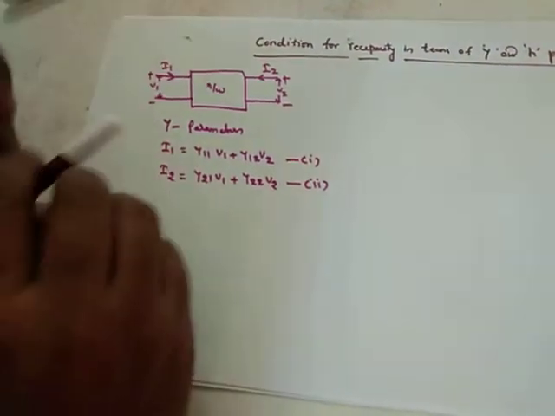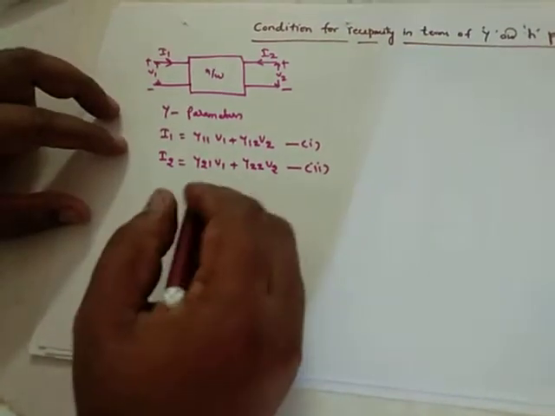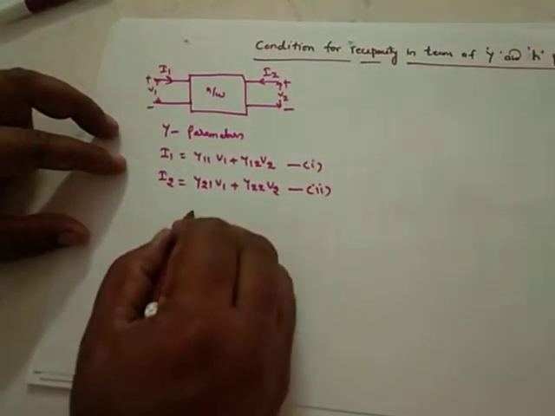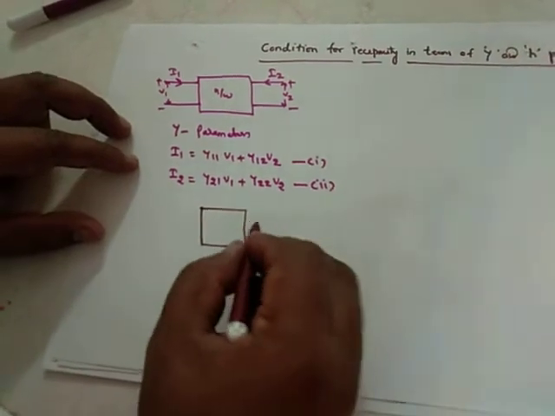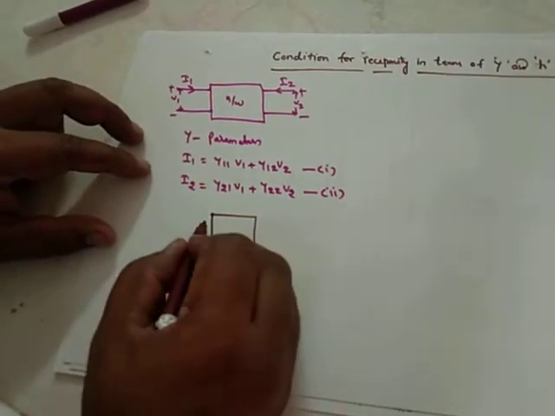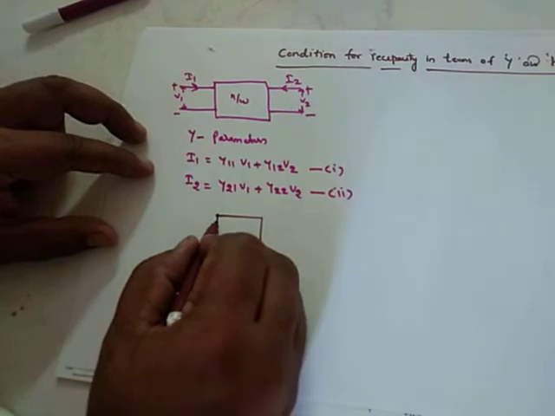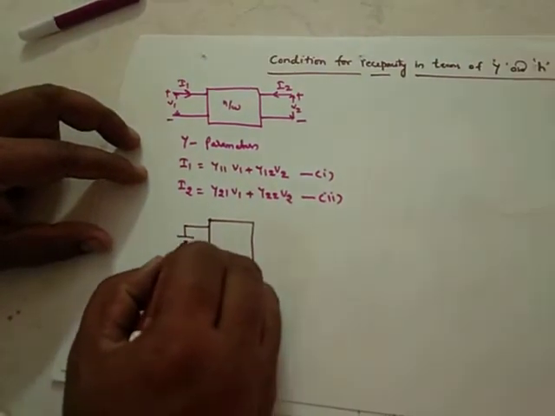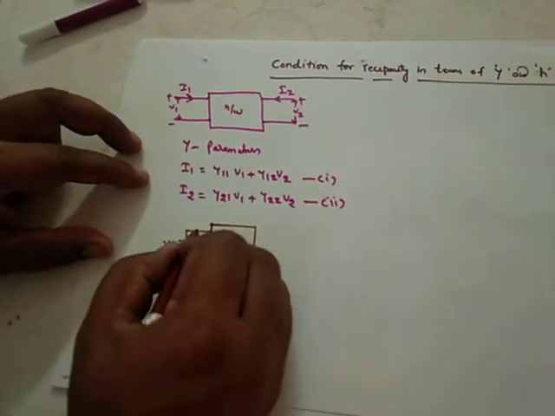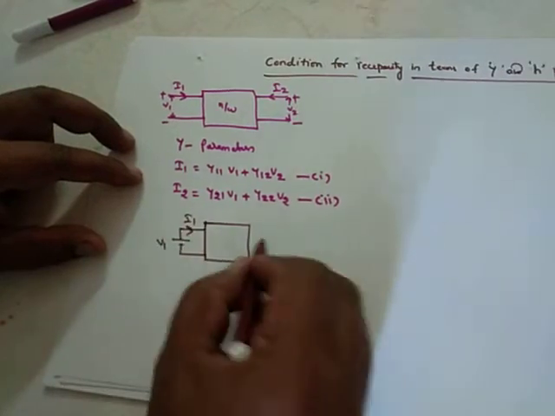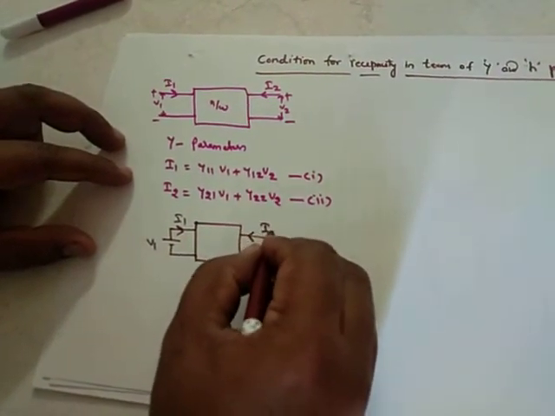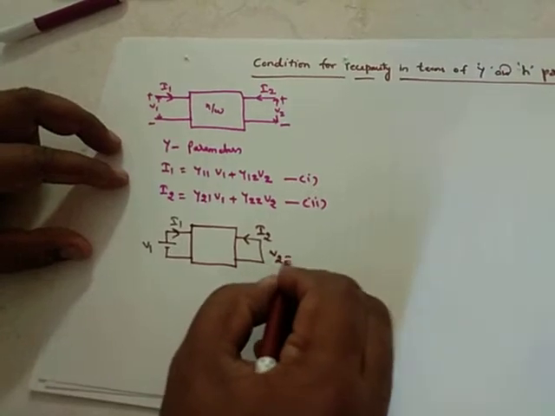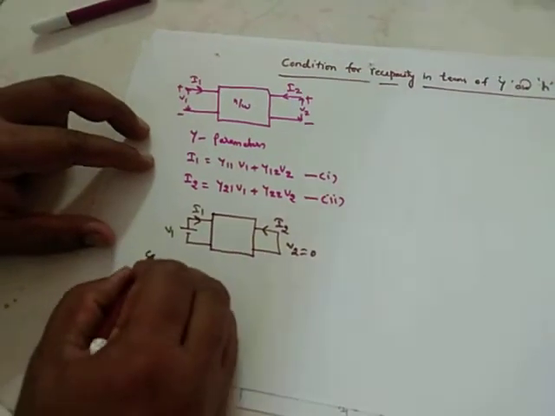Now we have to apply the reciprocity condition. Now this is a network. First apply some voltage V1 and the resultant currents I1 and I2, with V2 equal to 0.